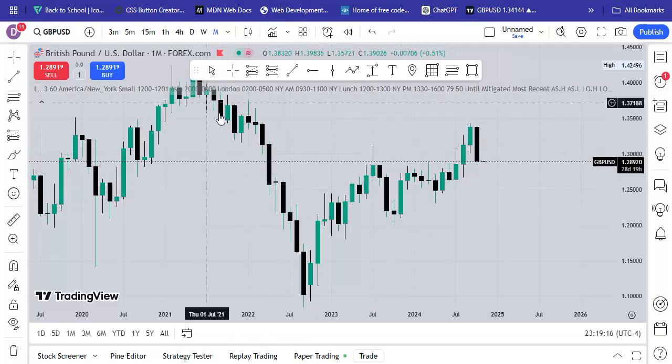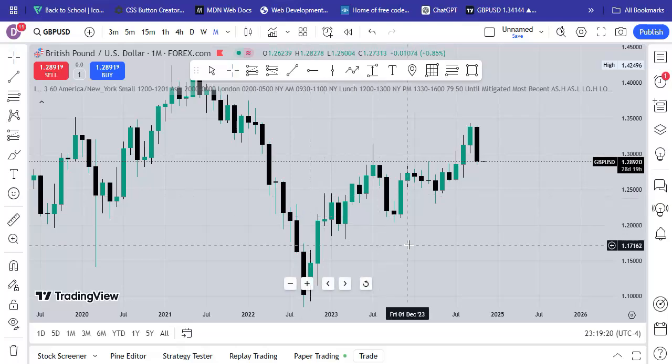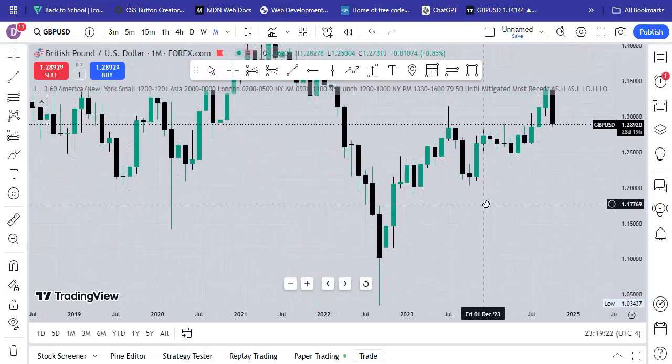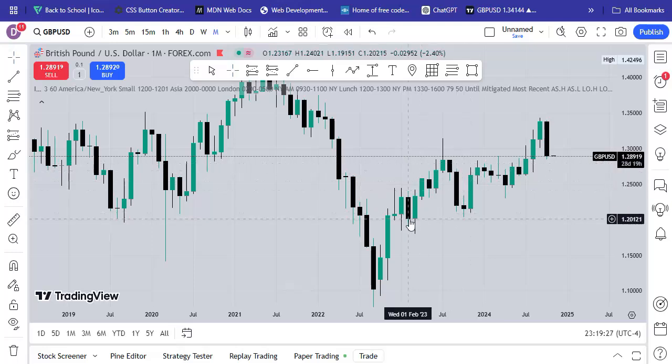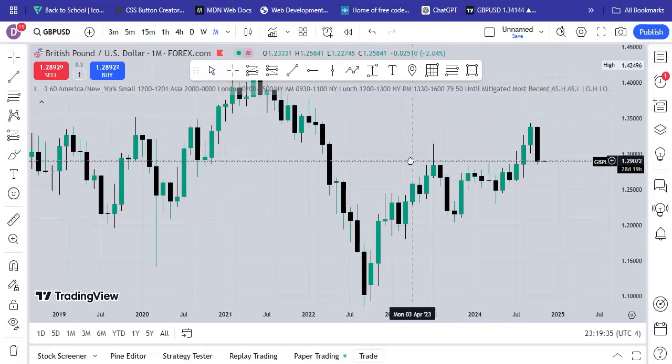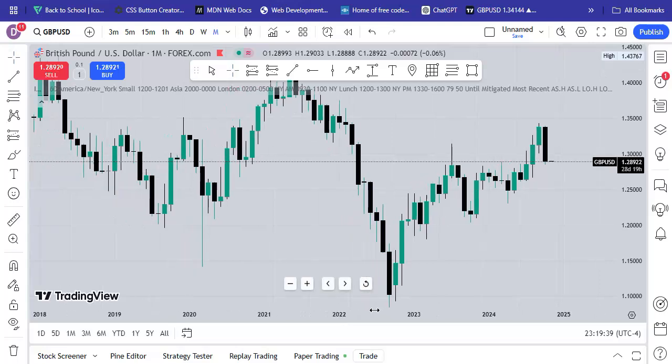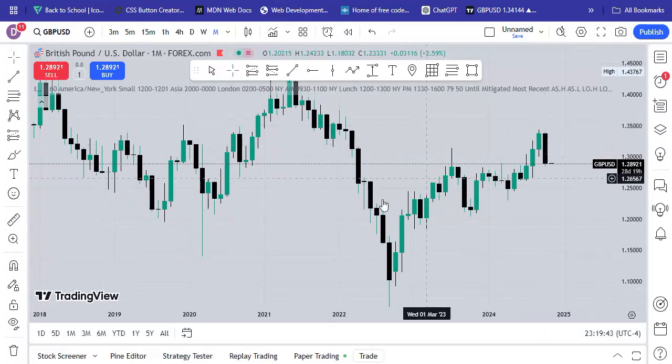So here is a monthly chart of GBP USD, as you can see, and from the last video I explained some concepts on how to frame our directional bias using the month, weekly, daily, 4-hour time frame. So a top-down analysis, how to frame our directional bias, and how to take high probability trades using this top-down analysis.